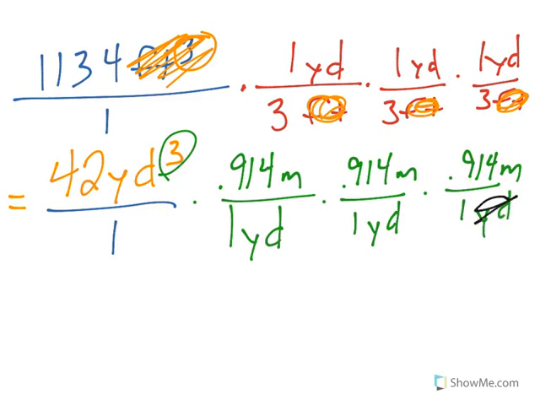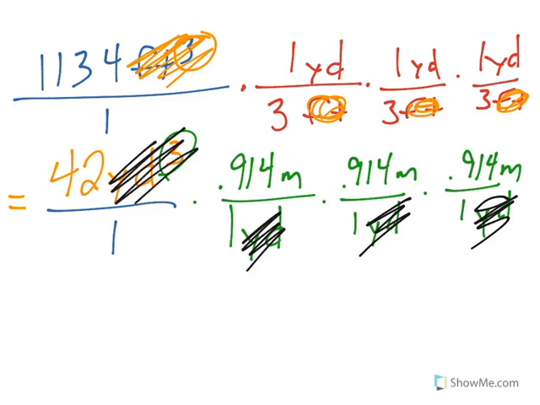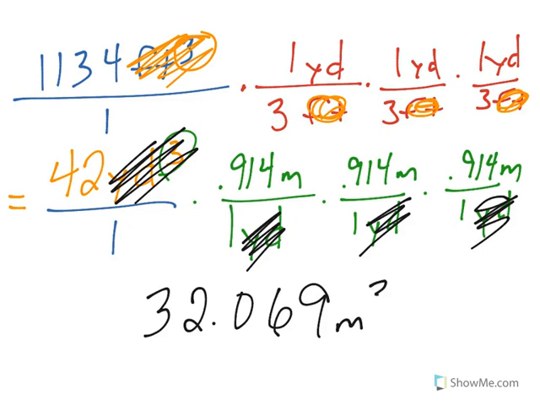So 1 yard, 2 yard, 3 yards takes care of cubic yards. And when I multiply straight across 42 times 0.914, three times, I end up with 32.069 cubic meters.